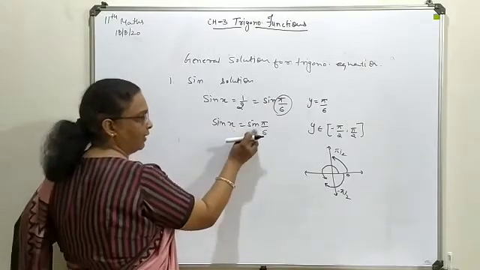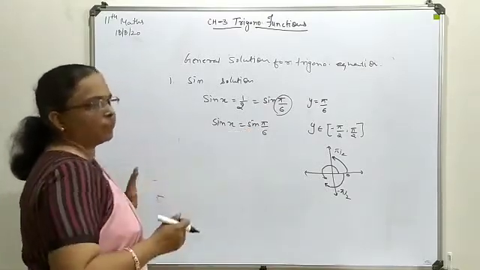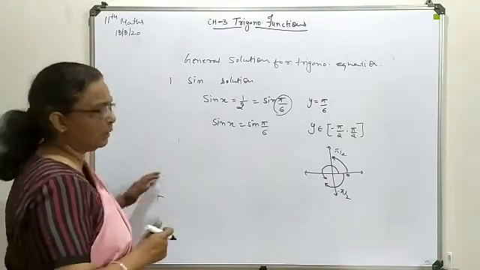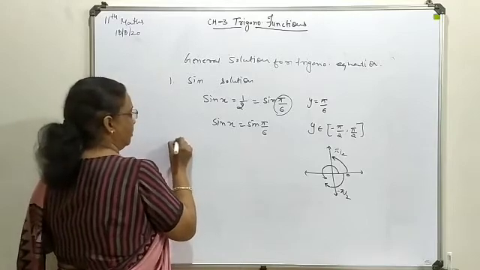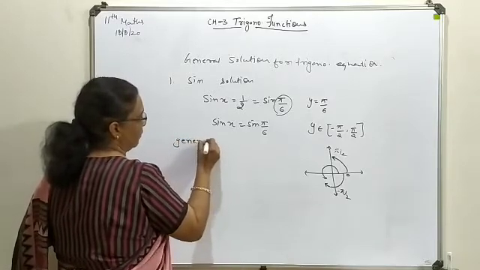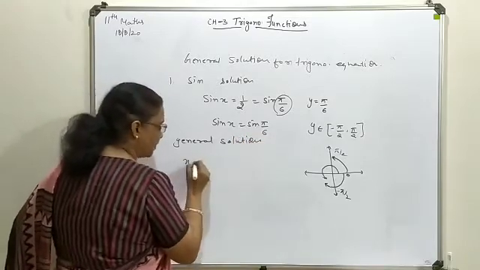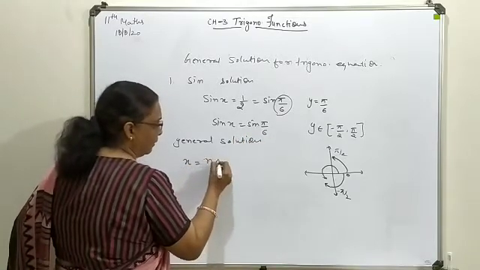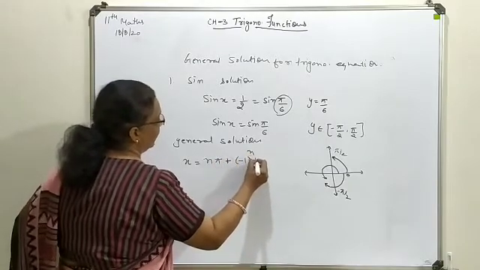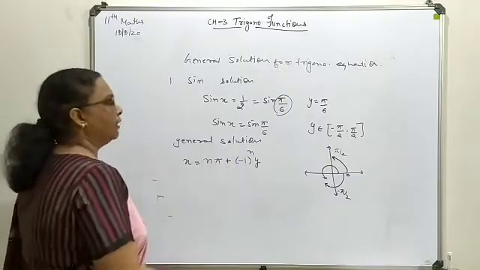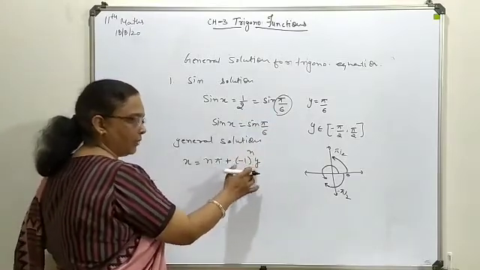So when you have defined your y in terms of radian, you will substitute this x and y in the general equation, and this is called the general solution. x is equal to n pi plus minus 1 power n into y. So the y you have already defined over here, you will write in terms of radian.